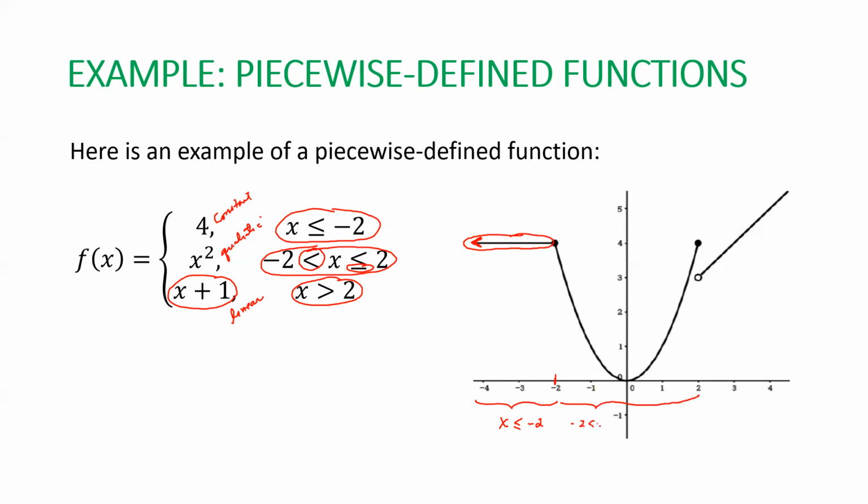So this is negative 2 less than x less than or equal to positive 2. And above this interval, we see that the graph is a part of the graph of a parabola. And then when x is greater than 2, we are referring to the following interval. And as we can see, the graph above this part of the interval is a straight line that is sloping upward. Okay, so later, we will have examples on how to graph a particular piecewise defined function.